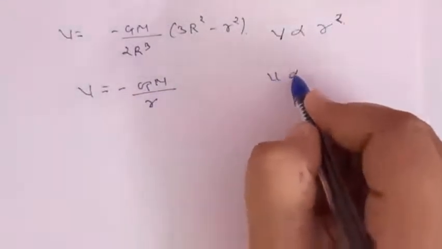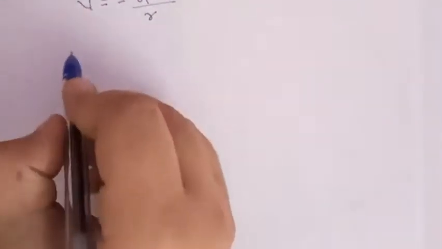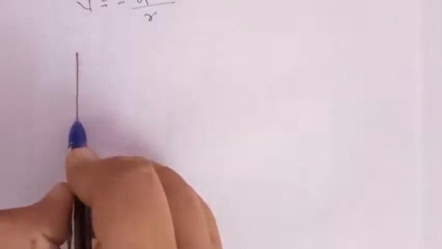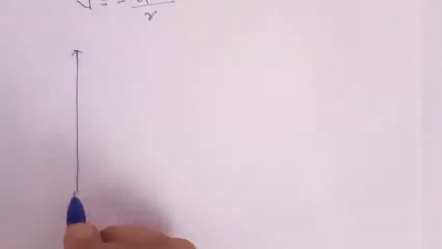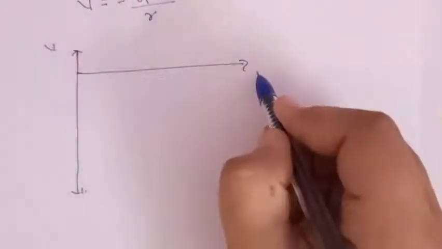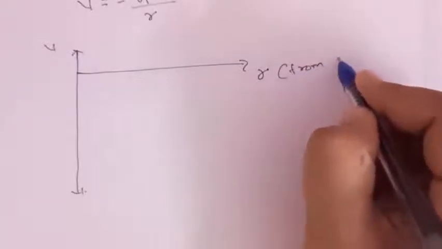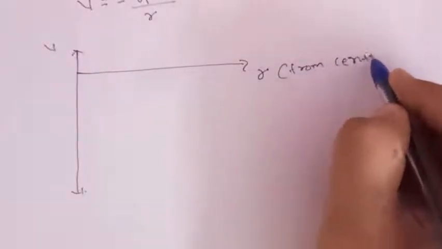So V is inversely proportional to r. So let us draw the graph for potential versus distance for a solid sphere. This is potential, this is distance from the center. Remember, it is distance from the center.